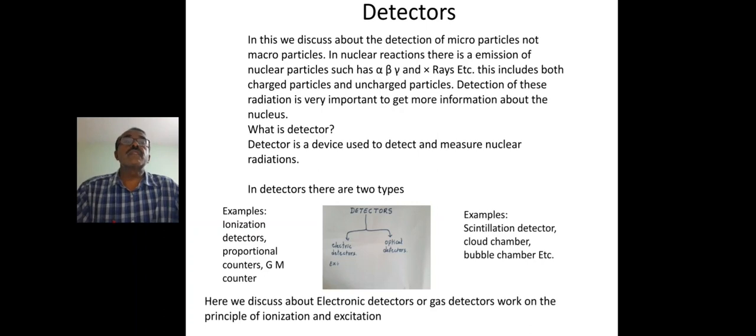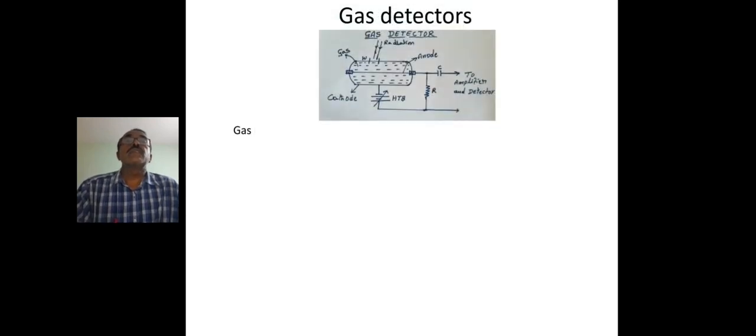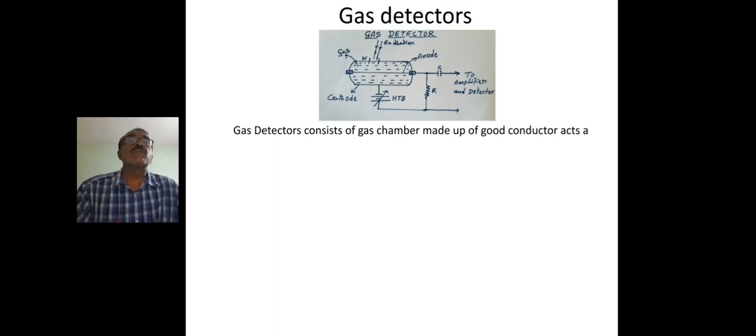Here we discuss the electronic detector, or gas detector. This works on the principle of ionization and excitation. A gas detector consists of a gas chamber made of a good conductor, which acts as the cathode.